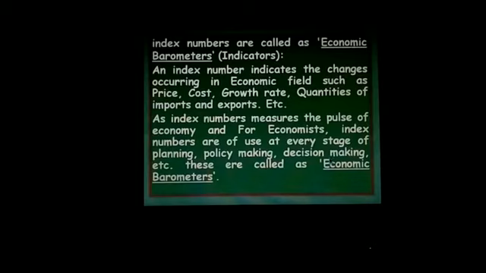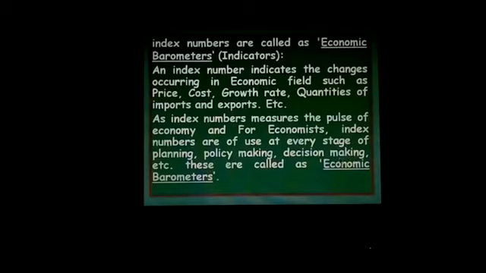Because economists, what will they do? They will plan the policies, make the policies, and based on policy making, later decision making will also be present. That is the major work of economists.